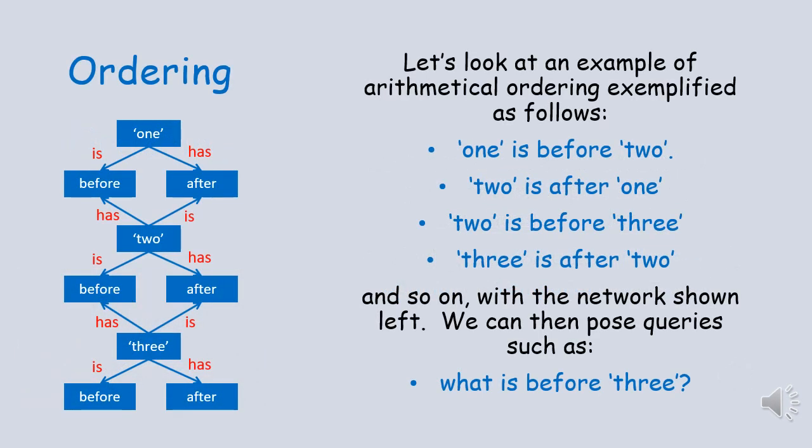Let's look at an example of arithmetical ordering exemplified as follows. 1 is before 2, 2 is after 1, 2 is before 3, 3 is after 2, and so on, with the semantic network shown in the figure to the left. And we can then pose queries such as, what is before 3?